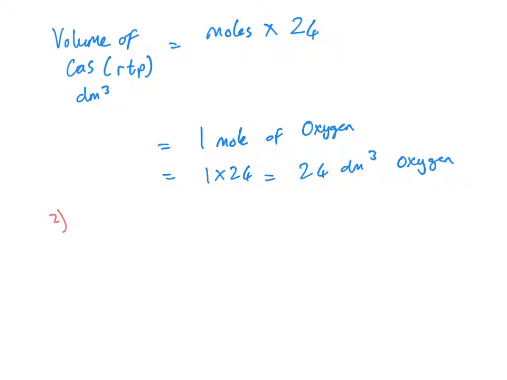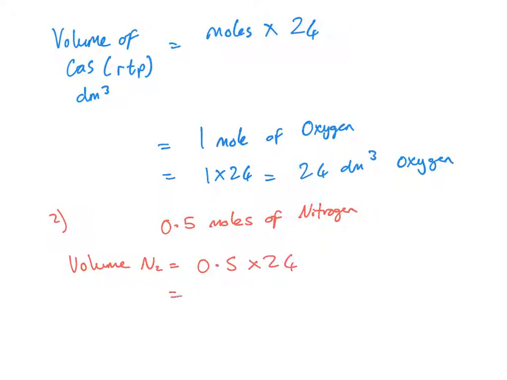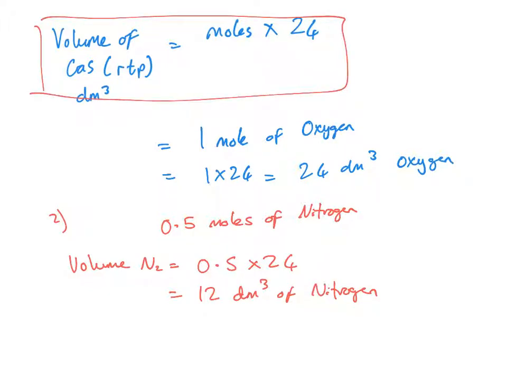Now let's say number 2, we've got 0.5 moles of nitrogen. Well, 1 mole of nitrogen is 24, so therefore the volume of nitrogen would be the moles, 0.5 times 24, equals 12 decimeters cubed of nitrogen. So all you're doing is making sure you're sticking to this equation with the idea that 1 mole equals 24 decimeters cubed.